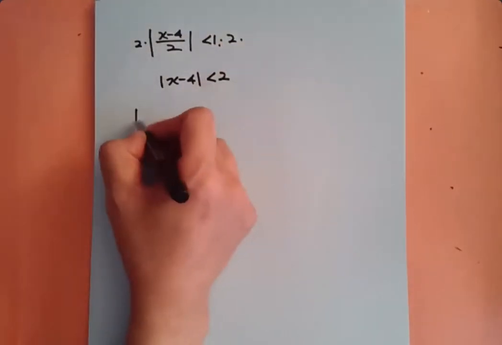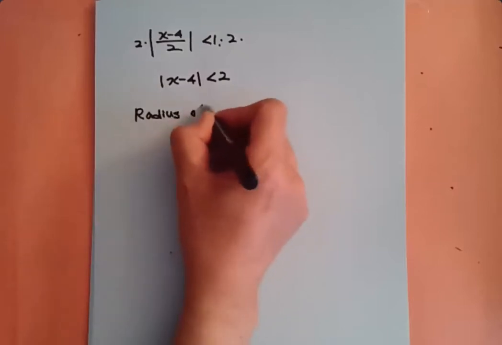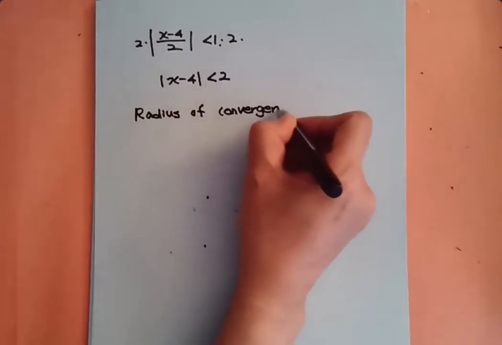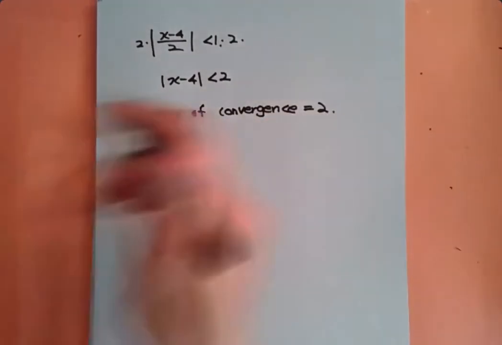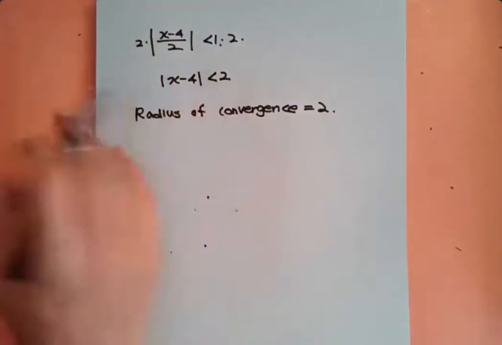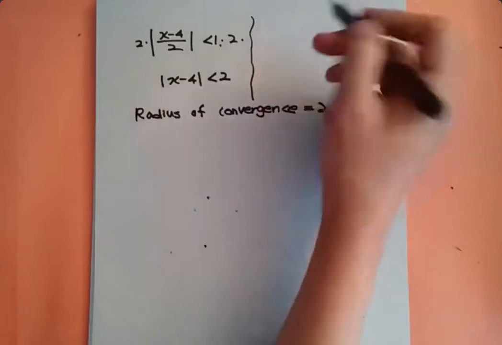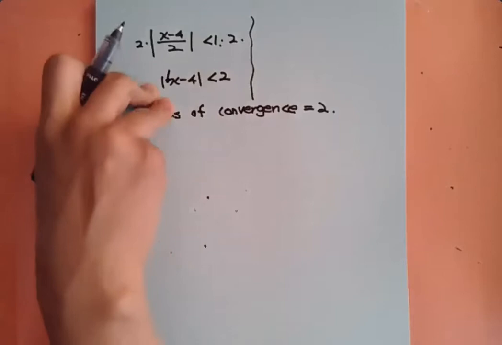So the radius of convergence is 2. In this case, you don't really have to solve the inequality and think about the half of the interval because there is nothing in front of x.